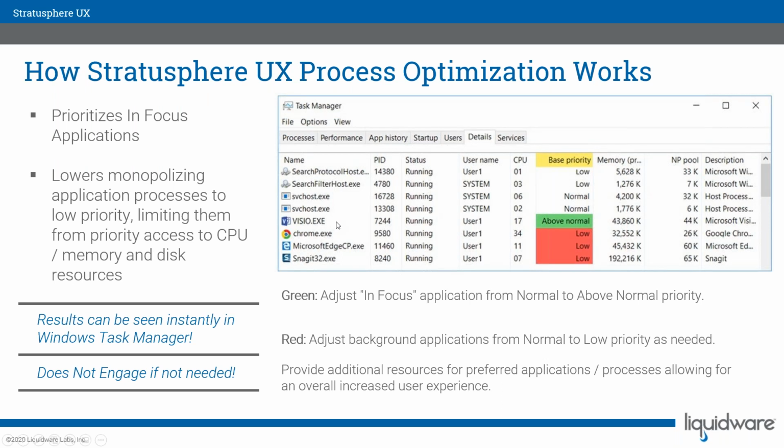So Visio right here is my foreground, in-focus application. If the machine is under duress, the CPU is overloaded or a single core is overloaded, then I would start throttling the background processes by switching Chrome or Edge to a base priority of low and Visio above normal. So this didn't do anything with the hypervisor or the cloud. This is inside the Windows guest operating system.